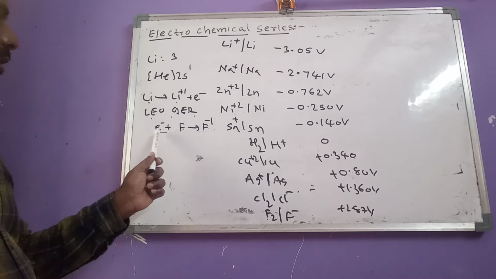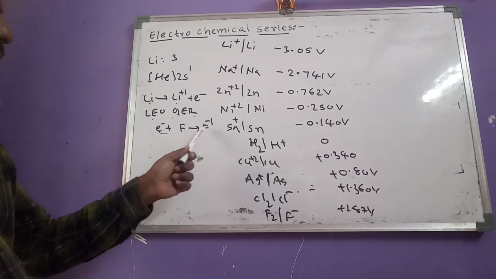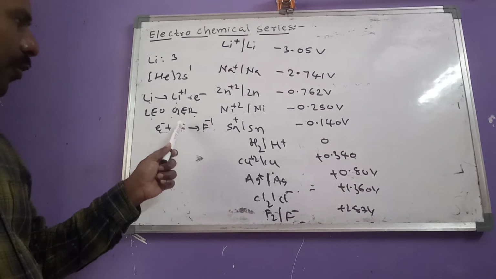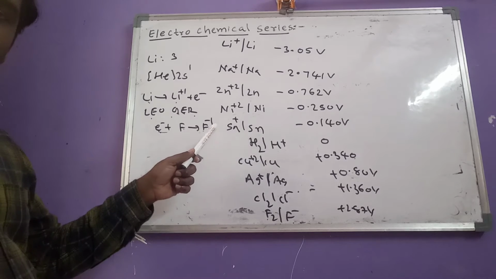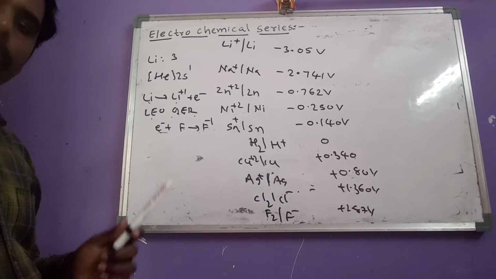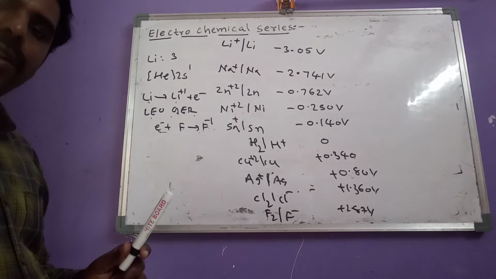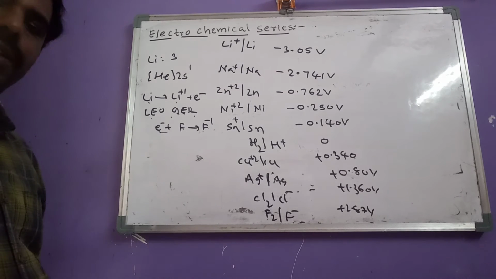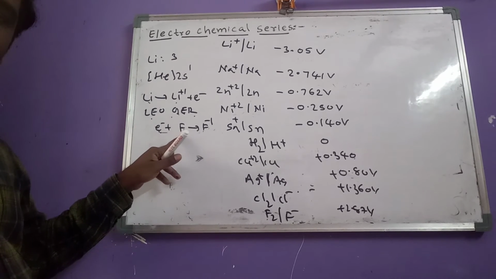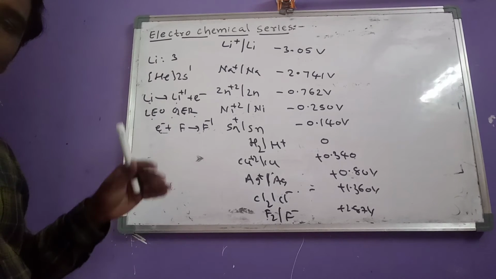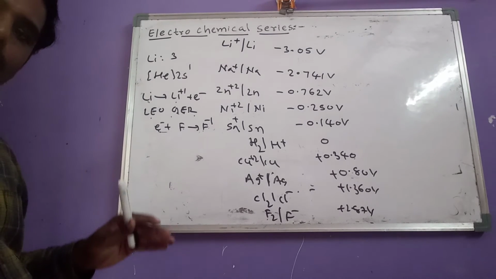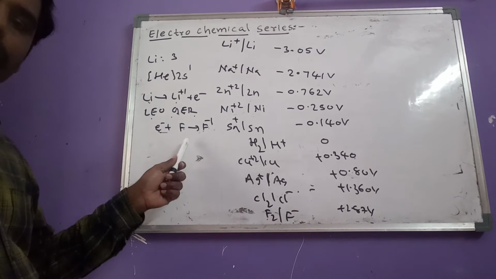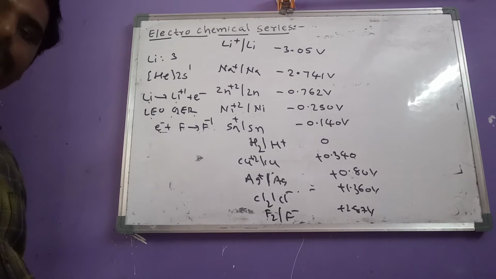Now come to this fluorine. As we observed in this reaction, fluorine tends to undergo reduction because it is just one electron short to get the neon octet configuration. So fluorine always tends to undergo reduction, and itself it acts as oxidizing agent.